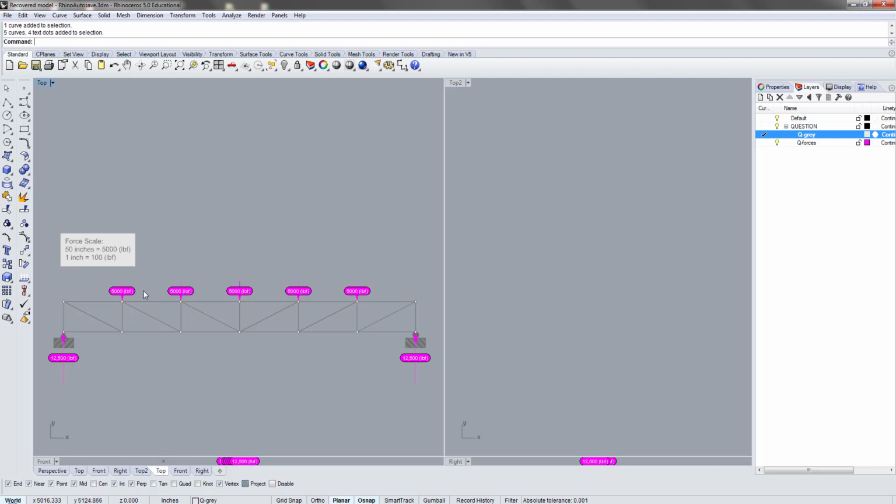So now we have 5 loads of 5,000 pounds, so it's 12,500 each, totaling 25,000. The force scale that we're using here is this arrow is 50 inches representing 5,000 pounds, so 1 inch equals 100 pounds. That's the force scale that we are using.